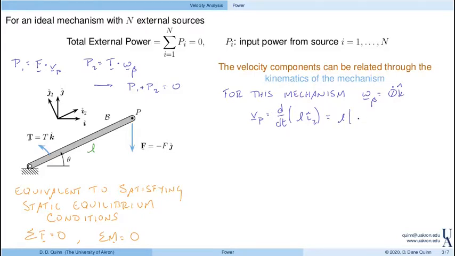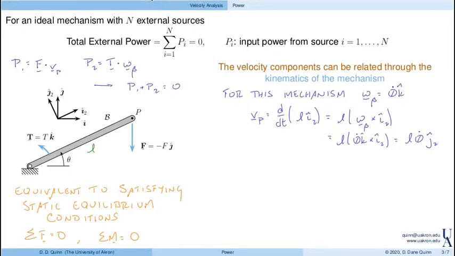That's L times the angular velocity of the bar cross I2, which, well, we know the angular velocity, theta dot K cross I2. K cross I is equal to J, so we get L theta dot in the J2 direction.